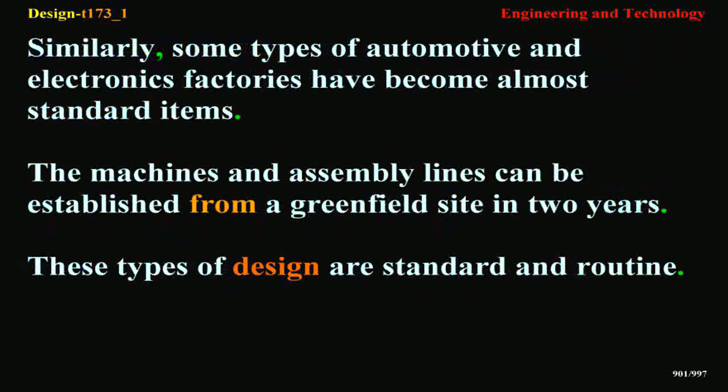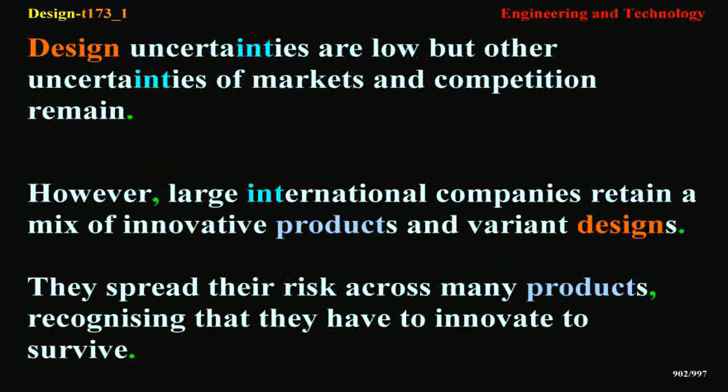Similarly, some types of automotive and electronics factories have become almost standard items. The machines and assembly lines can be established from a greenfield site in 2 years. These types of design are standard and routine. Design uncertainties are low, but other uncertainties of markets and competition remain.